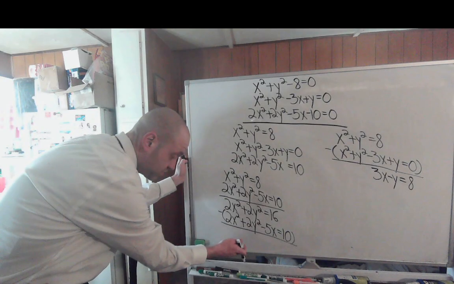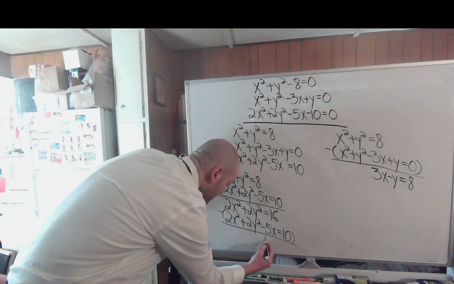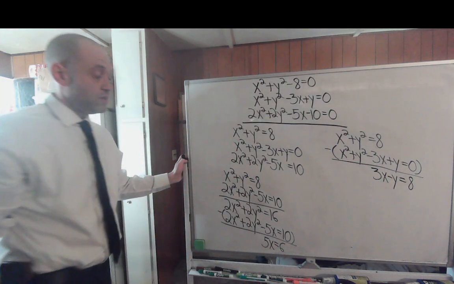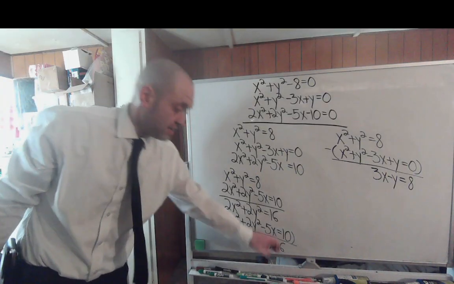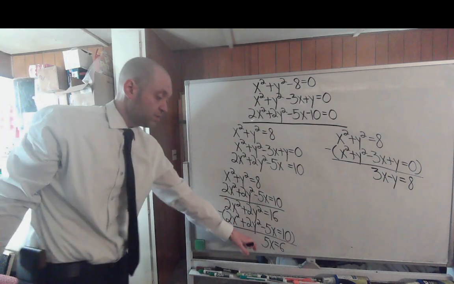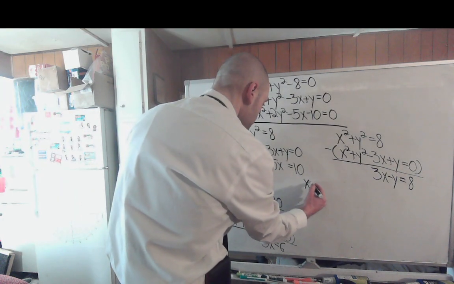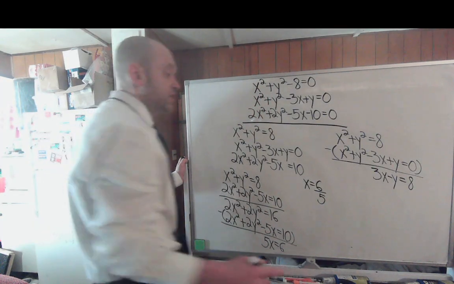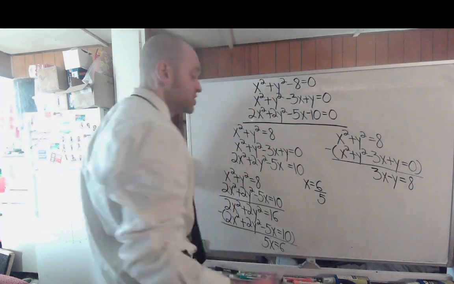Your x squareds and y squareds are gone. You end up getting positive 5x equals 6. Notice you have 5x equals 6. So that's going to give you then, of course, x equals 6/5. And then it would look like you're going to put that 6/5 in here and solve.